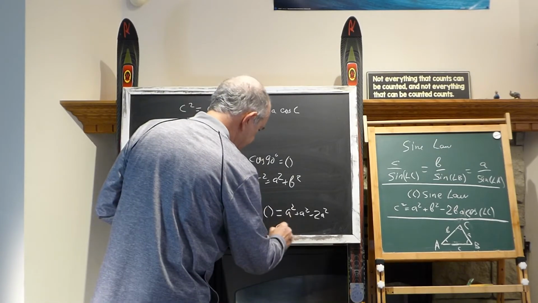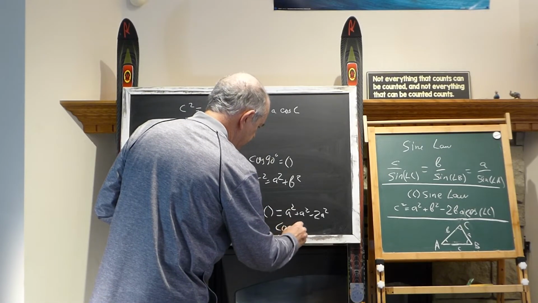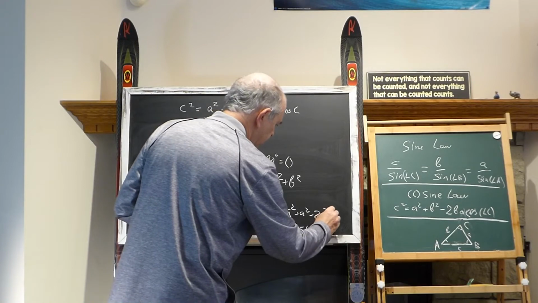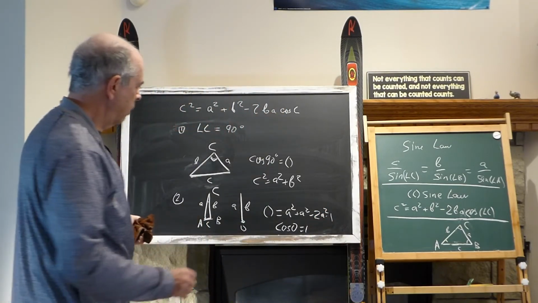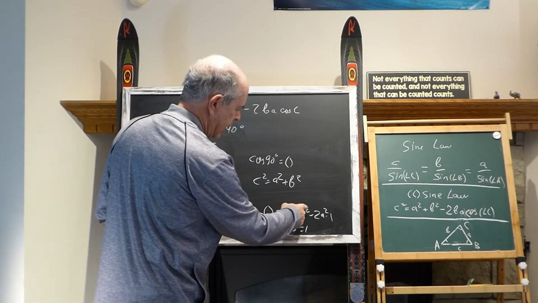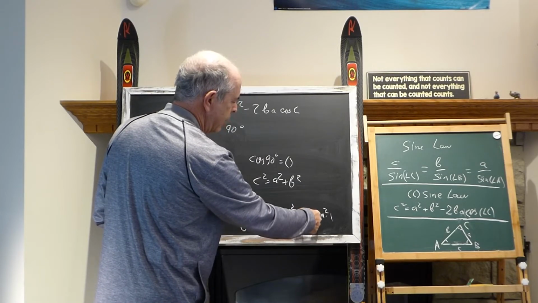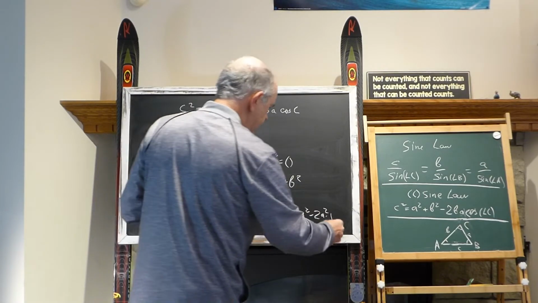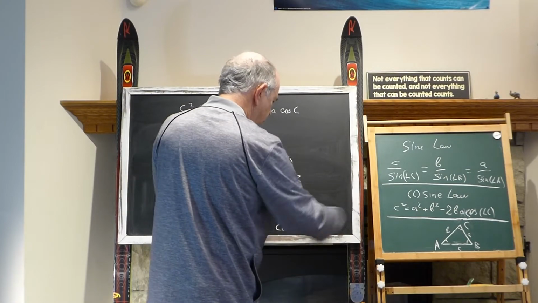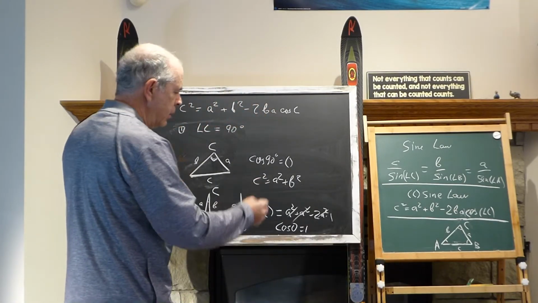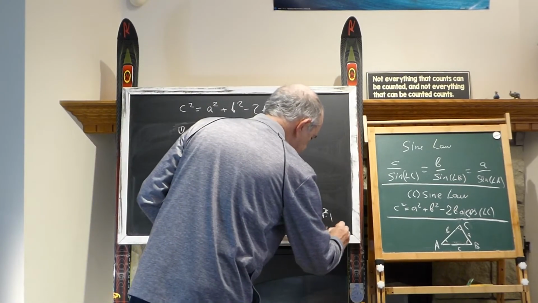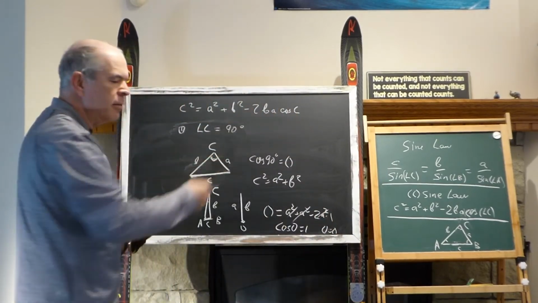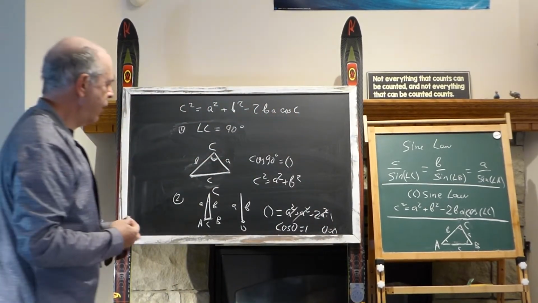We should know that cosine 0 equals 1, multiplied by 1. And we immediately see that A squared plus A squared and 2A squared wipe out, and this becomes 0 equals 0. So this is the extreme case of this scenario.